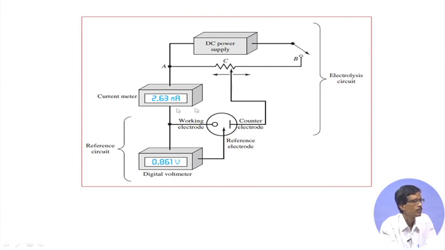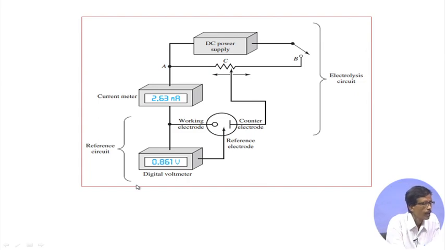That means we can monitor the amount of current which is passing through the other circuit. So in the upper part you have the electrolysis circuit, which is required for your electrolysis, that means what amount of current we are getting, and the reference circuit.